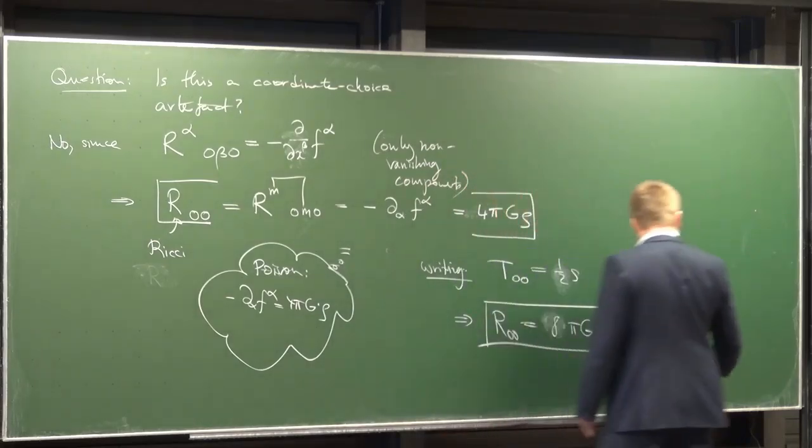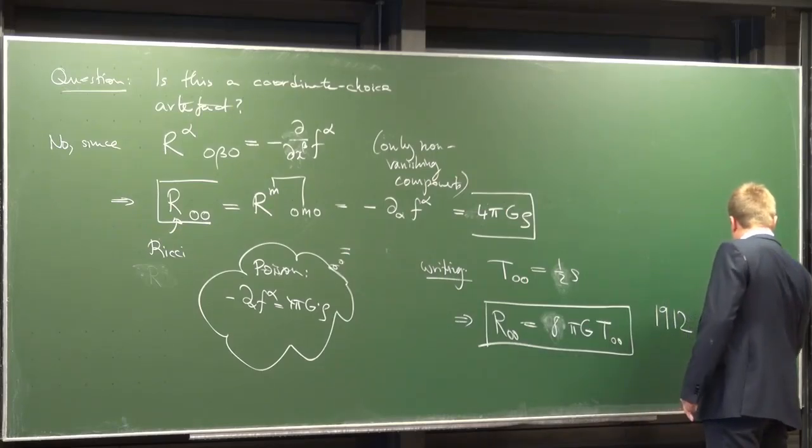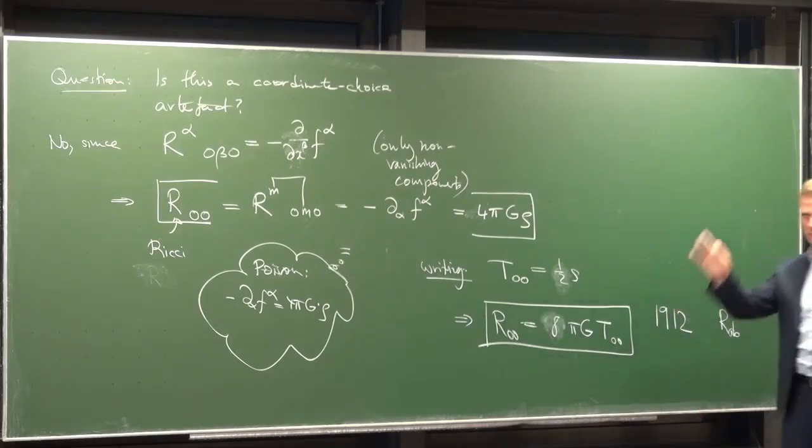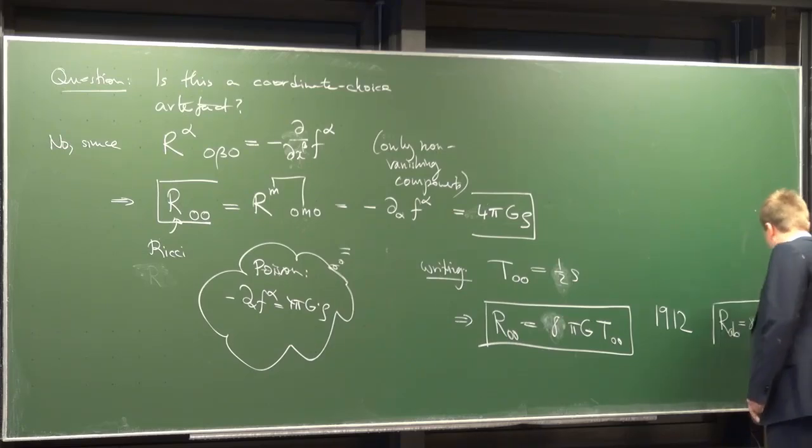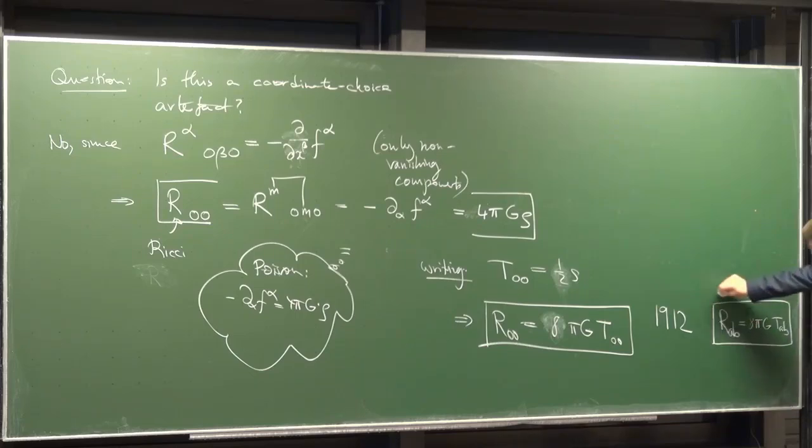Einstein in 1912 said that in relativistic physics, where a few more ideas come in, you have R_AB equals 8 pi G T_AB. The point is, this isn't entirely correct, but it's almost correct. Space-time Ricci curvature, he said, is the energy momentum of matter. We'll come to this.